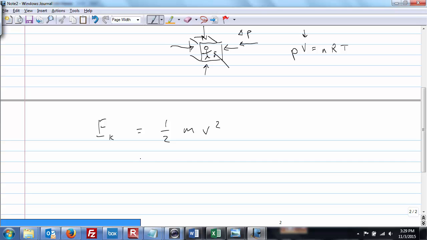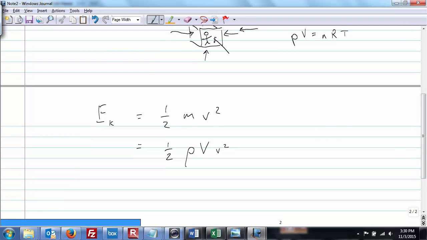Now what we're going to do next is change mass into density times volume, times v squared. We know off to the side that mass just equals density times volume. Now, in this case, what volume are we talking about? Sometime we'll do this little problem in NRGY 101.